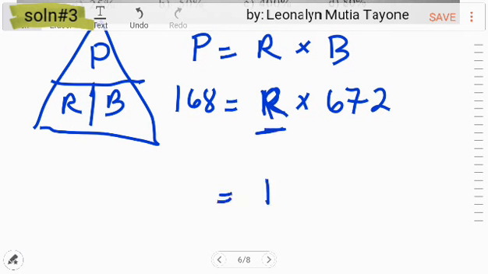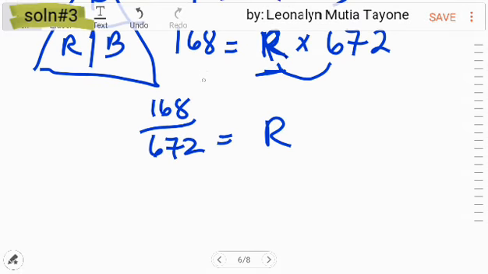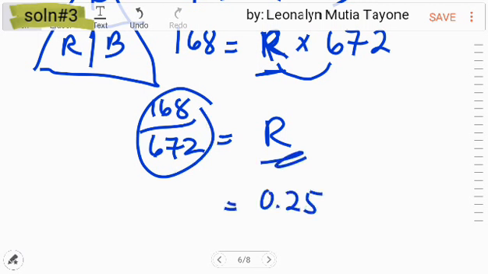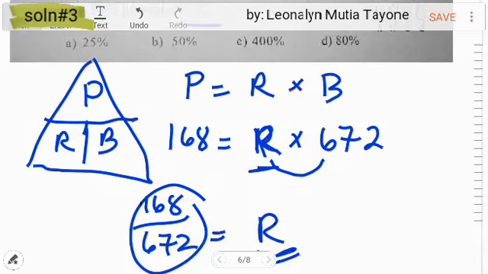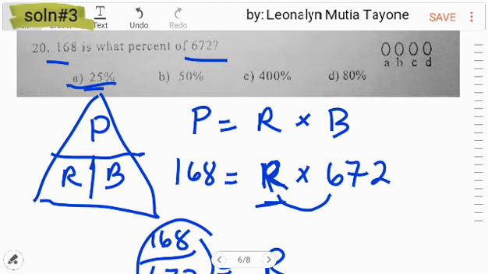So, si rate ay isolate natin. Since pang multiply siya dyan, pang divide siya sa kabila, kaya 168 divided by 672. Na-solve na natin yan siya. That was 0.25. Since rate ang hinahanap, i-multiply natin ng 100%. And this is equals to 25%. So, ang sagot dito ay letter A, 25%.